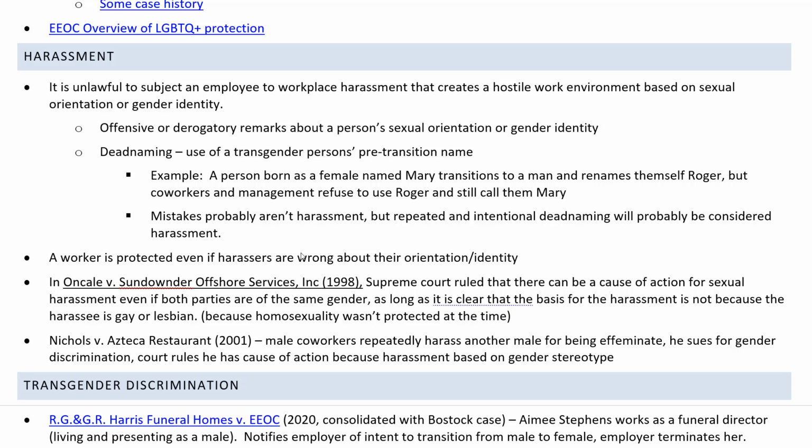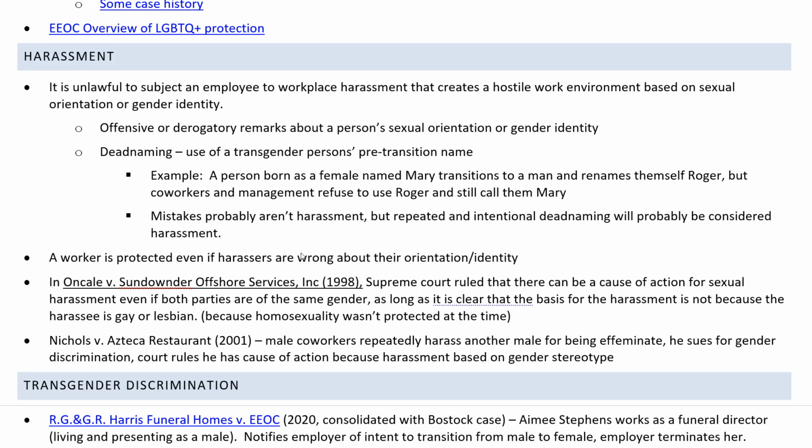Now, doing this accidentally can be confusing, especially once you get in the pattern of calling a person a specific name. So accidentally doing this probably isn't going to constitute harassment and probably isn't cause for people to get all up in arms. But when people do it repeatedly and intentionally, this is the kind of thing that will probably be considered harassment if it ever lands in court.